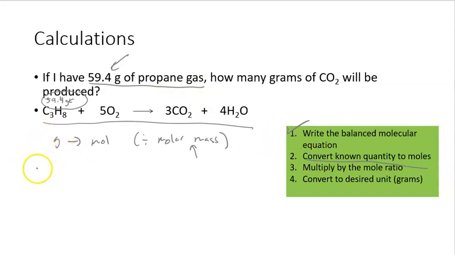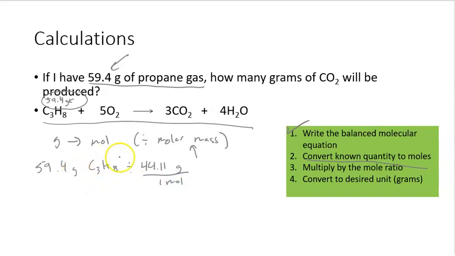So in this case, I have 59.4 grams of propane. Now, to convert to moles, I'm going to have to divide by the molar mass of propane, so 3 carbons plus 8 hydrogens is 44.11 grams per 1 mole.